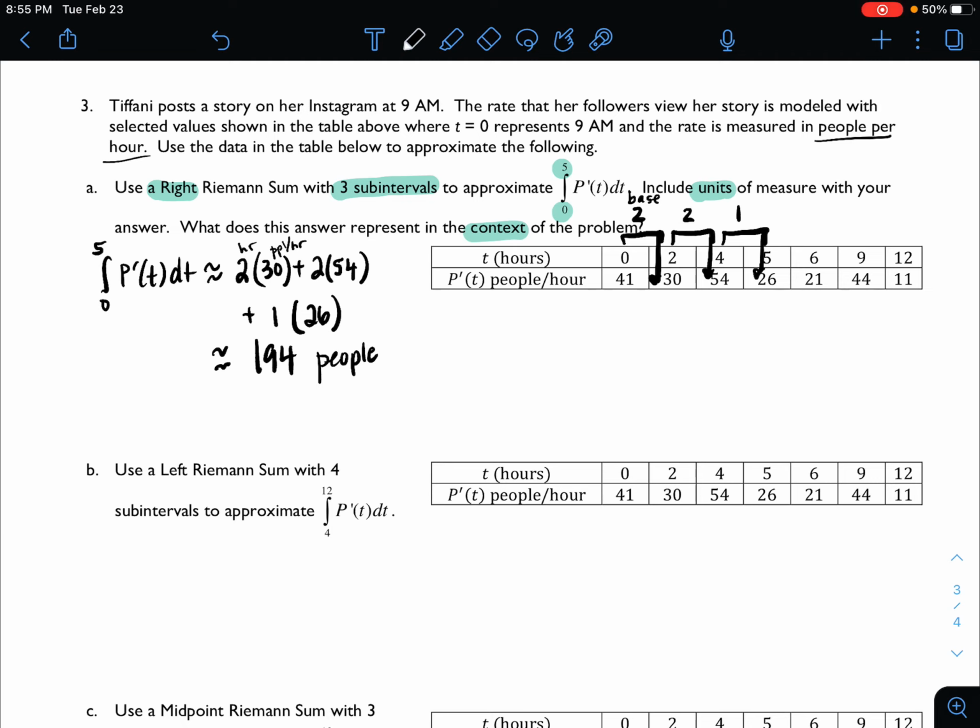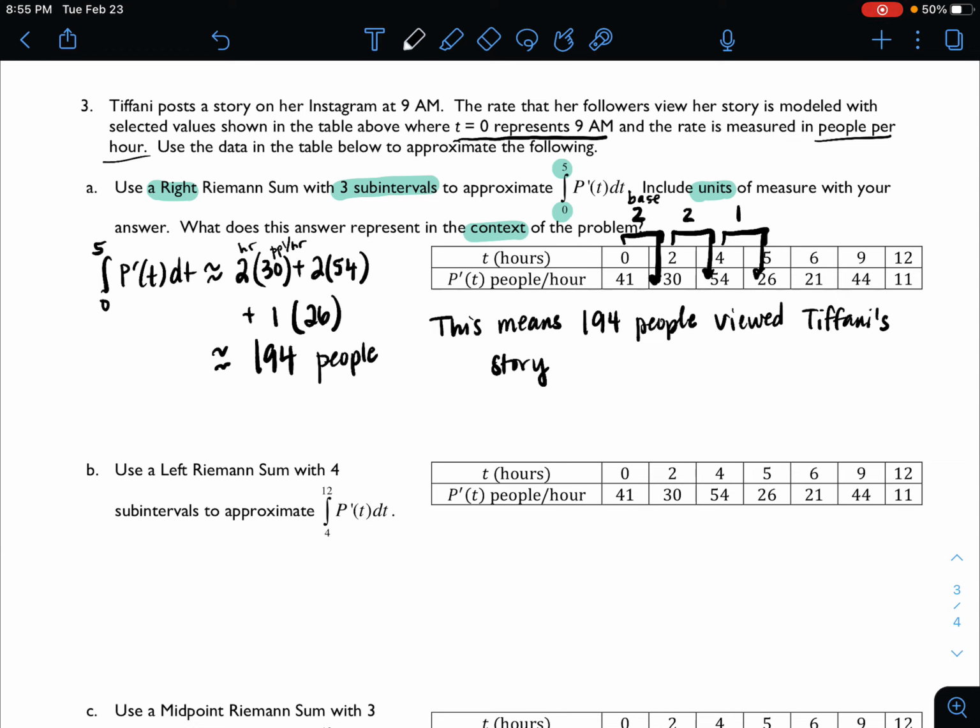So this means 194 people viewed Tiffany's story. Now you can say from t equals 0 to t equals 5, but let's actually think about what it means in terms of the problem.